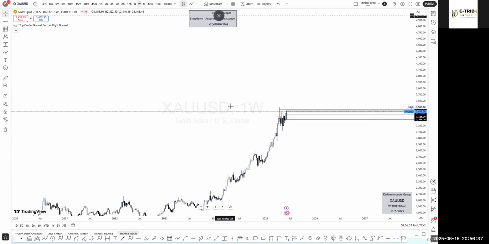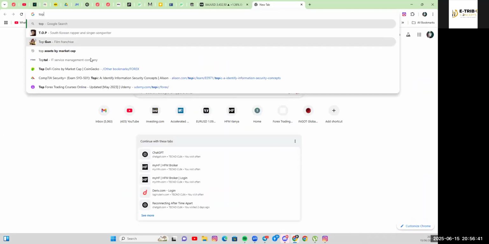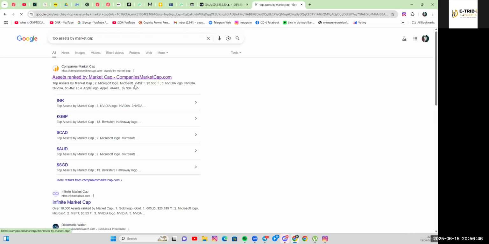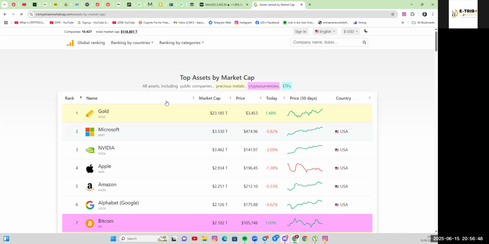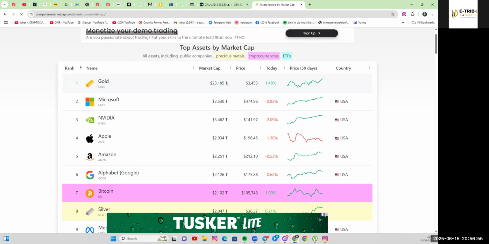Why? I want you to see something, guys. The top assets in the financial market by market cap. What is the topmost? Gold. Its value is 23.185 trillion US dollars.